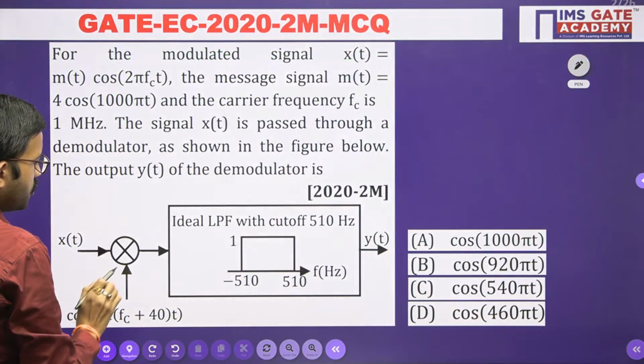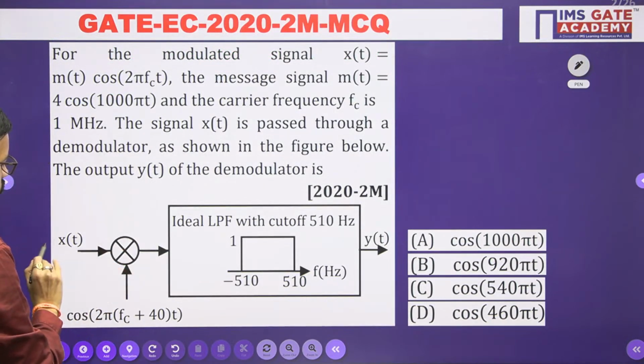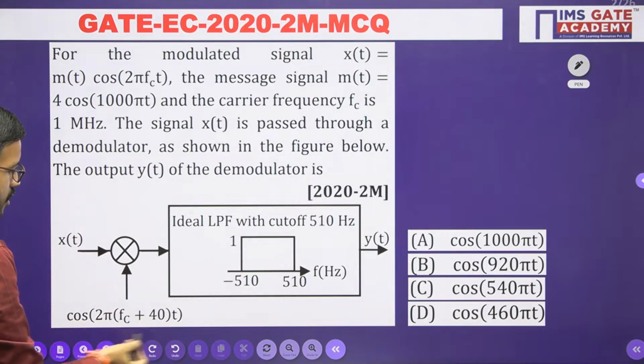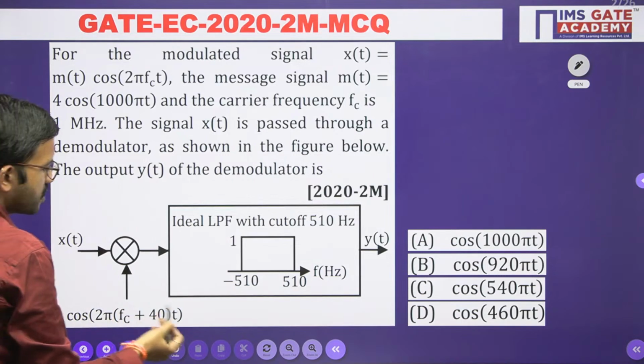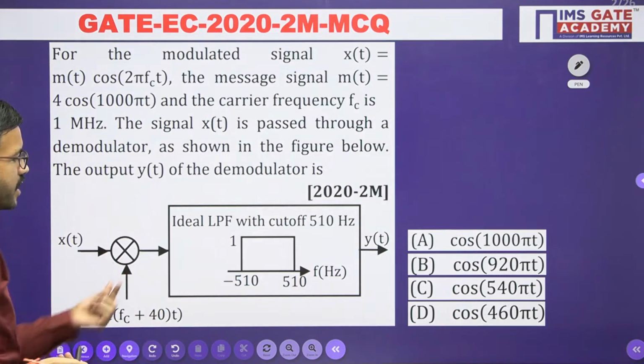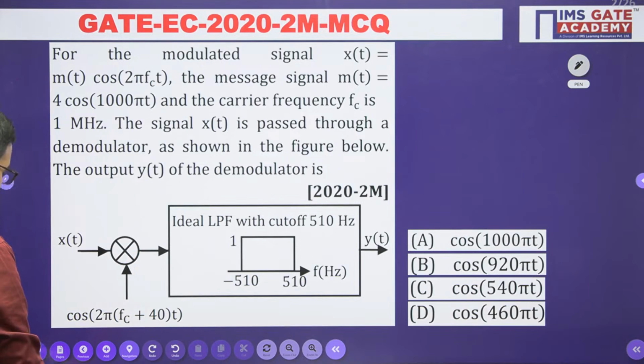Now for the multiplier, one input is x of t, whereas the other input is cos 2 pi into fc plus 40 into t. For the time being, let us write the output of the multiplier.